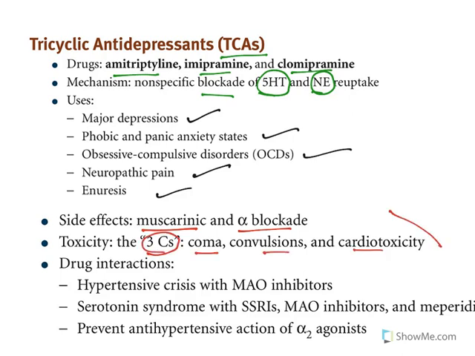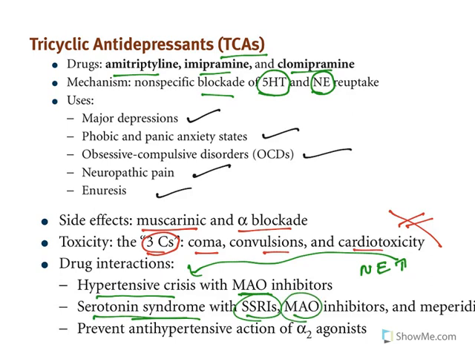Because of this extensive toxicity, these drugs are not preferred nowadays. Drug interaction: hypertensive crisis with monoamine oxidase inhibitors. High levels of norepinephrine will cause hypertensive crisis. Serotonin syndrome, as we have seen just now, occurs when two groups of antidepressants are used together. So, as I told you, TCAs are not widely preferred nowadays because of their extensive adverse effects.